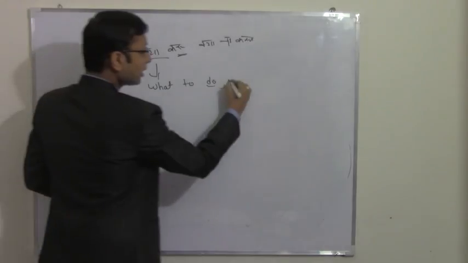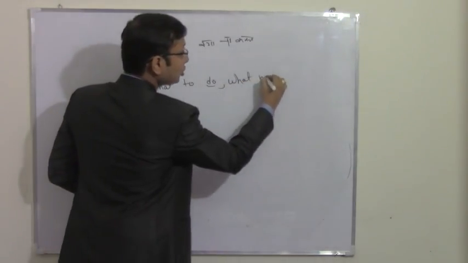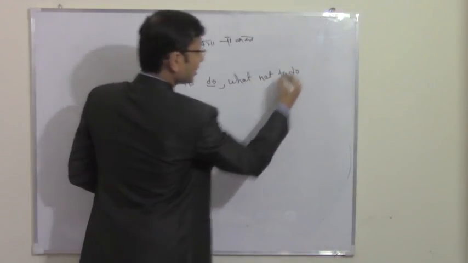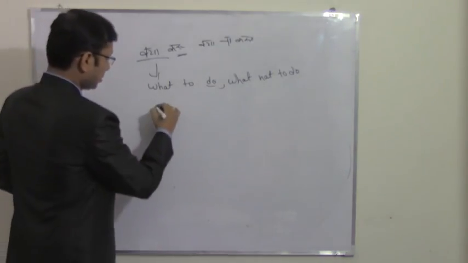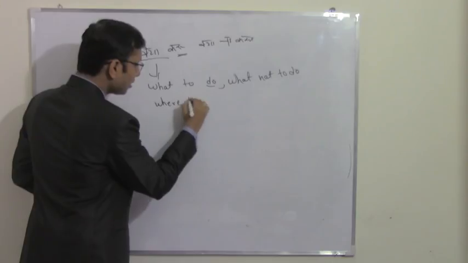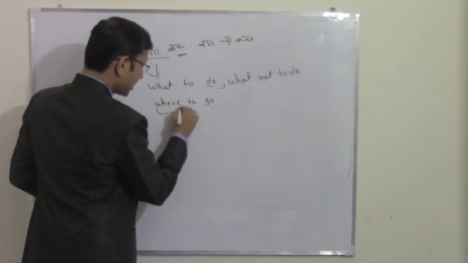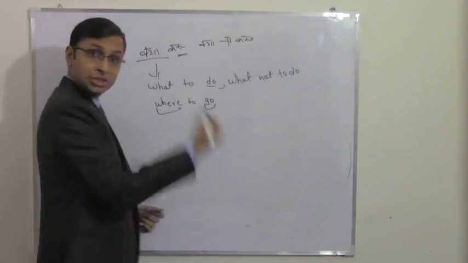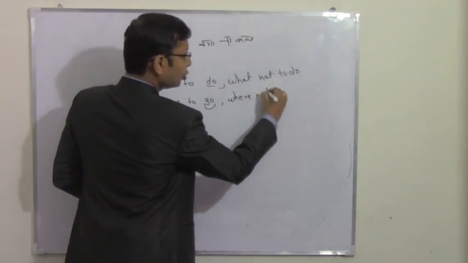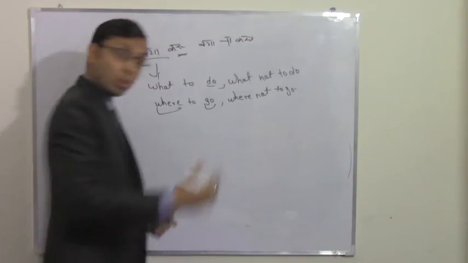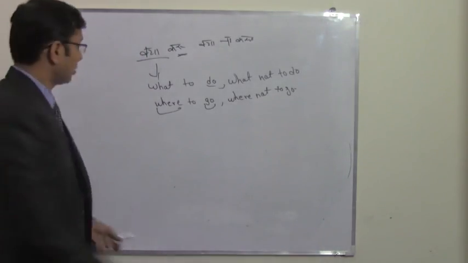So: what to do and what not to do. That's all you need to do. And "kahan jaun, kahan na jaun": where to go, where not to go.